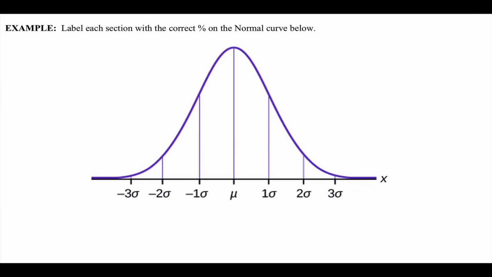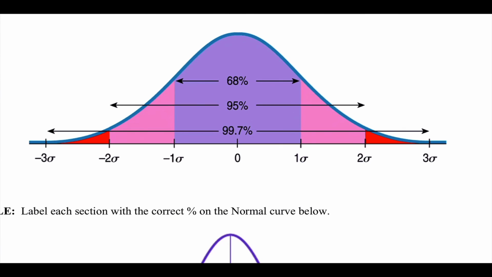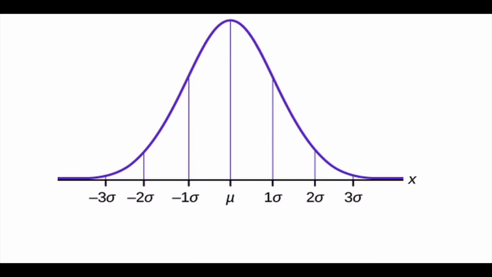So we know percentages, right? I know percentages. 68% is in that purple there, right? 95 is in the purple plus the pink. 99.7 is in all of the colors, right? So what I want you to do is convert that to this. Now I divided it up even further.